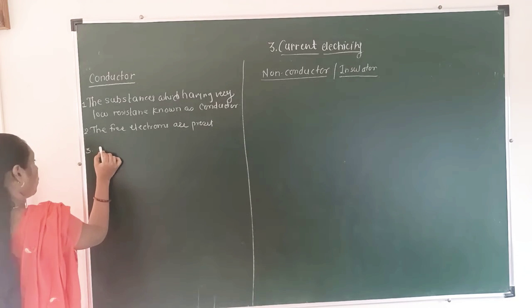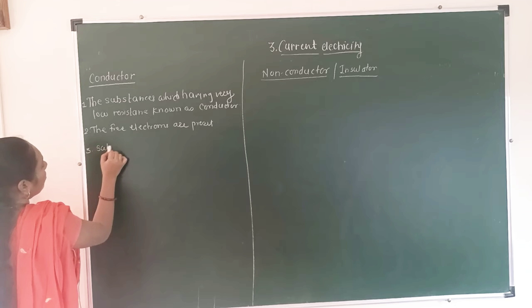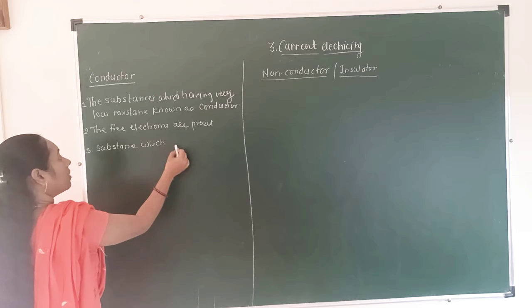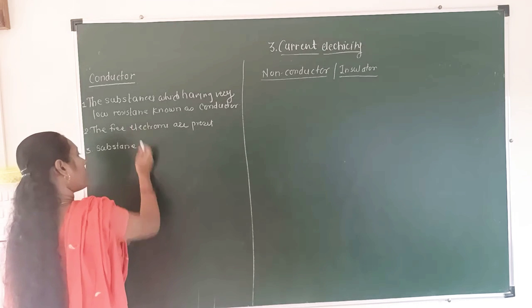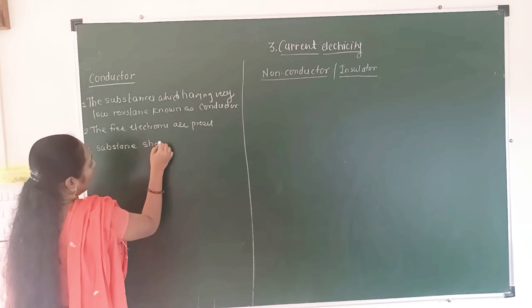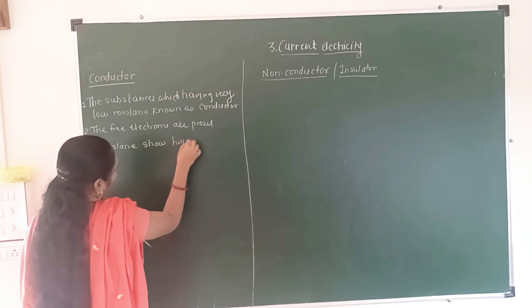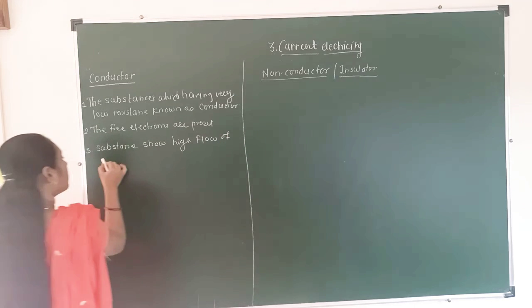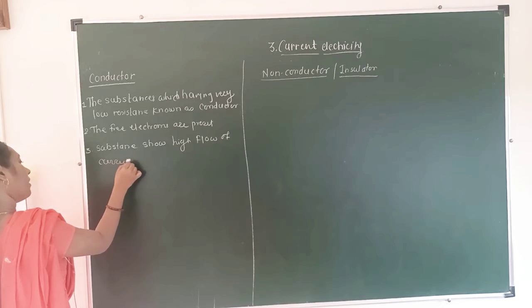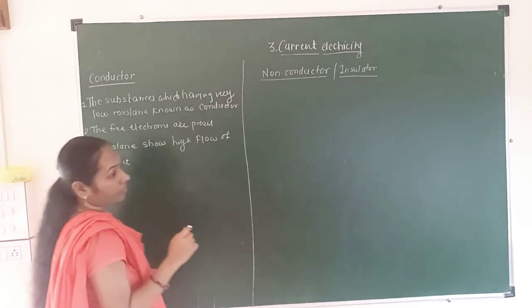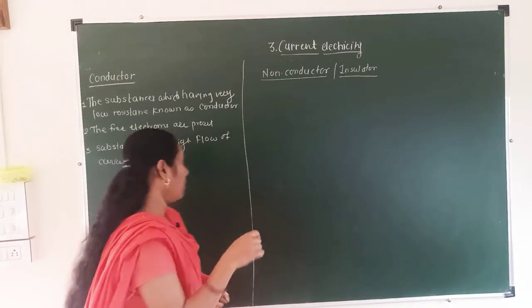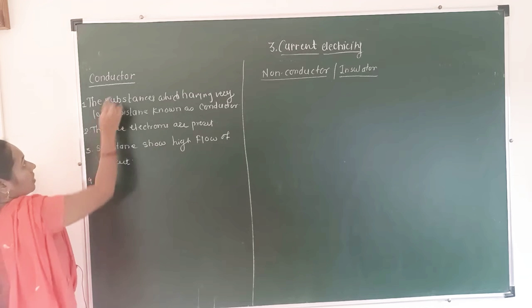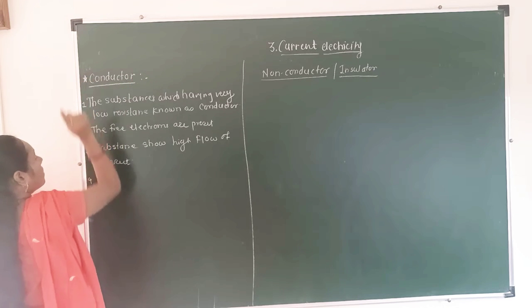The conductor is known as the substance which shows a high flow of current. Another point: which substances are known as conductors?